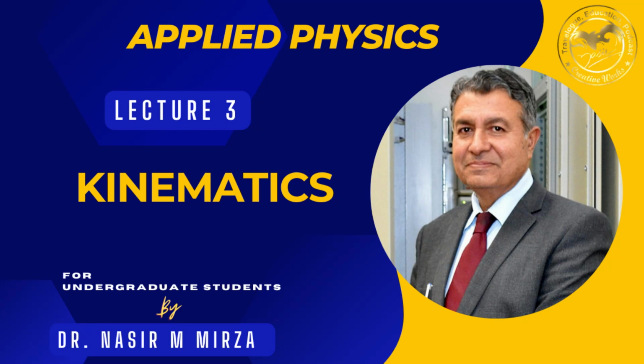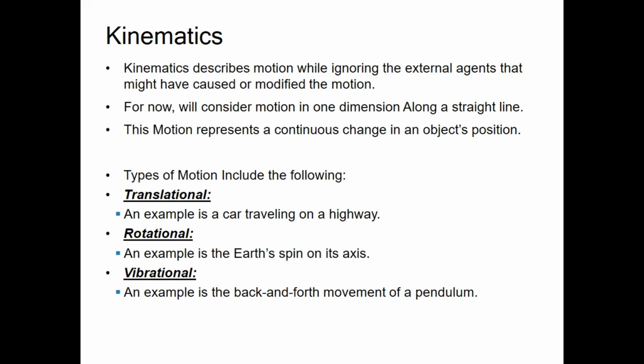Last time we were discussing the standards, units, and dimensions, and today we aim at describing the kinematics, the motion, and some equations. Kinematics basically describes motion while ignoring the external agents that might have caused or modified the motion.